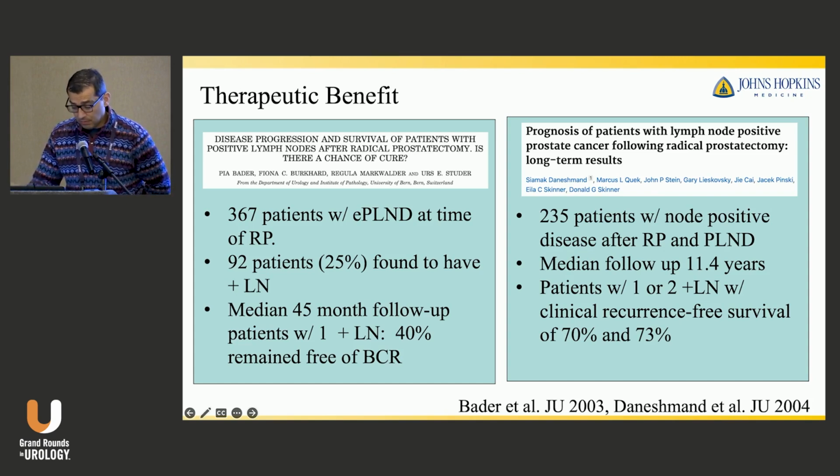Then there was the study from Skinner's group, written by Sia Daneshmand, who's still at USC, which similarly showed that patients with one or two positive lymph nodes had a significant clinical recurrence-free survival without any additional therapy. Both to me, as a young urologist at the time, were eye-opening.